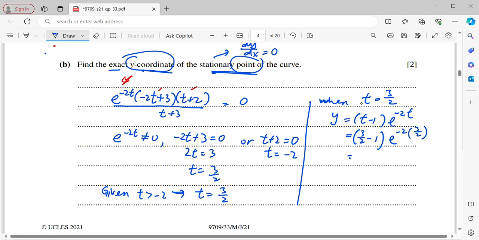So at last, 3/2 minus 1 is half. So I will get half e. -2 times 3/2 is -3. So that is my y coordinate of the stationary point. Okay, so with this, we have completed question 3b.